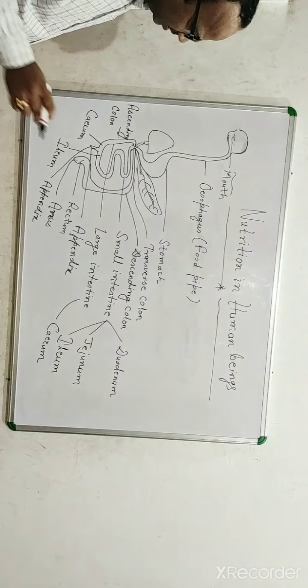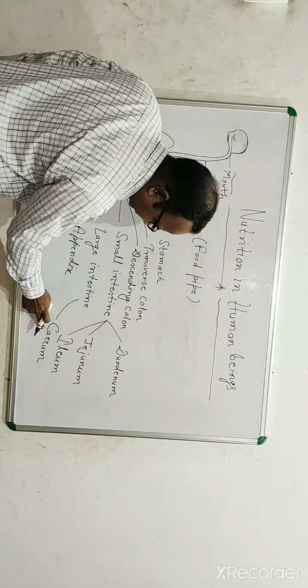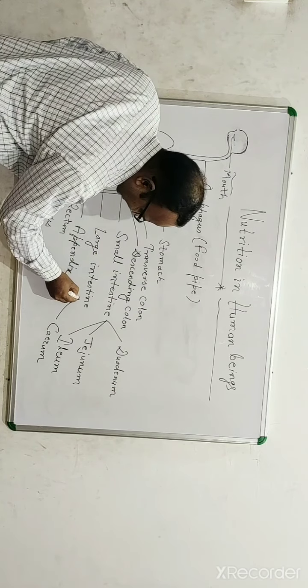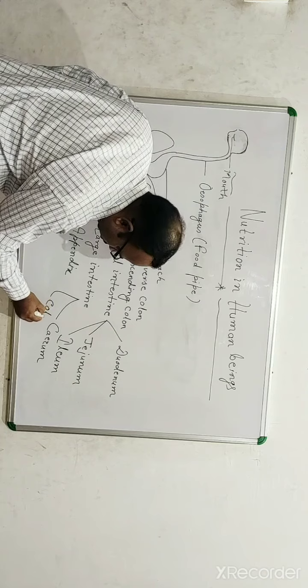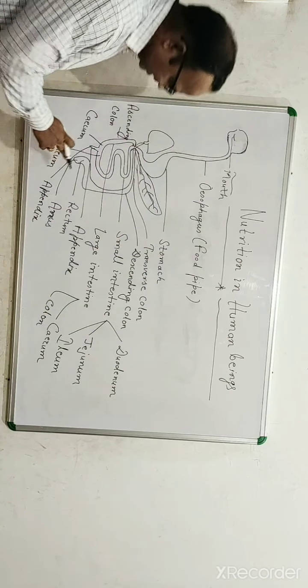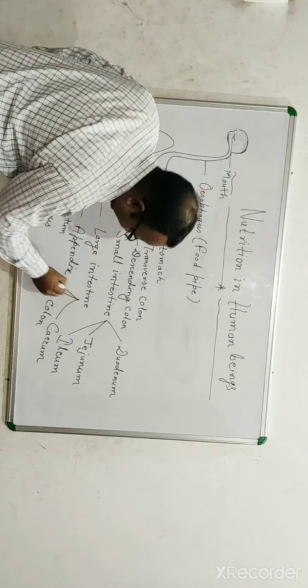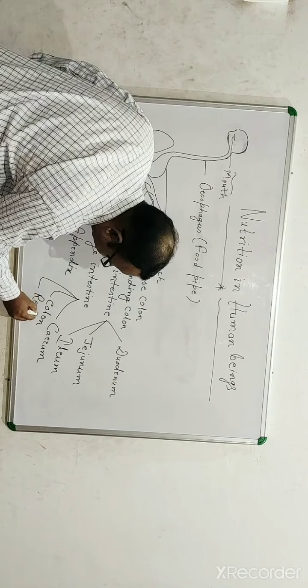So the first part of the large intestine is the cecum, the next one is the colon, and the third one is the rectum.